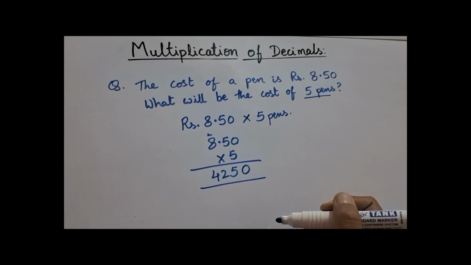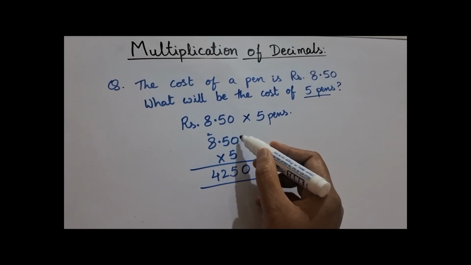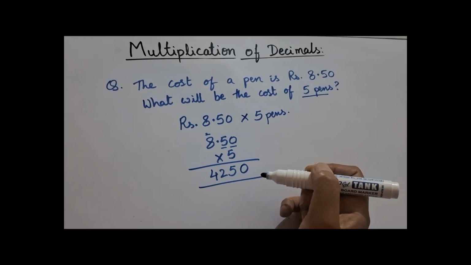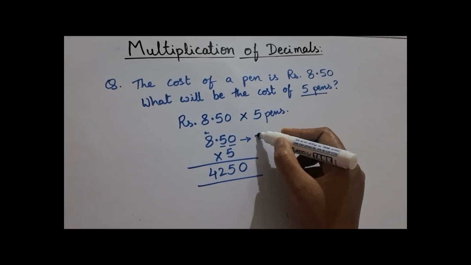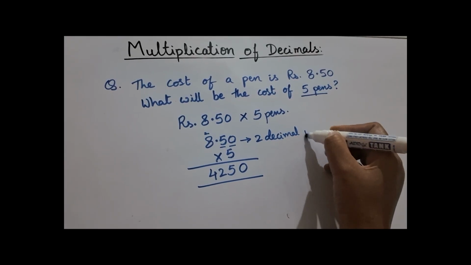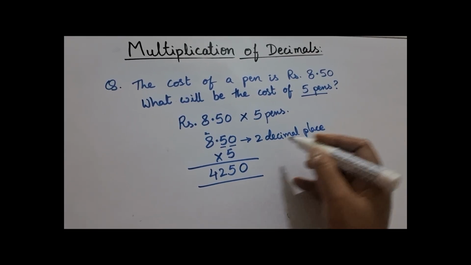Okay. So here in the decimal number, we need to see how many decimal places there are. In this we have 2 decimal places, isn't it? 2 decimal places in the decimal number.